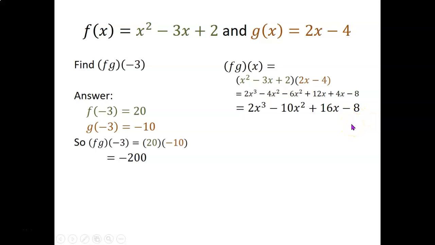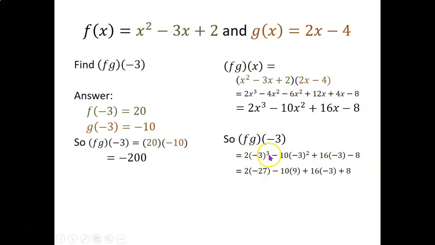Now if we take that and replace x with negative 3, so that we're evaluating f times g of negative 3, that's 2 times negative 3 cubed minus 10 times negative 3 squared plus 16 times negative 3 minus 8. Negative 3 cubed would be negative 27. And negative 3 squared would be positive 9.